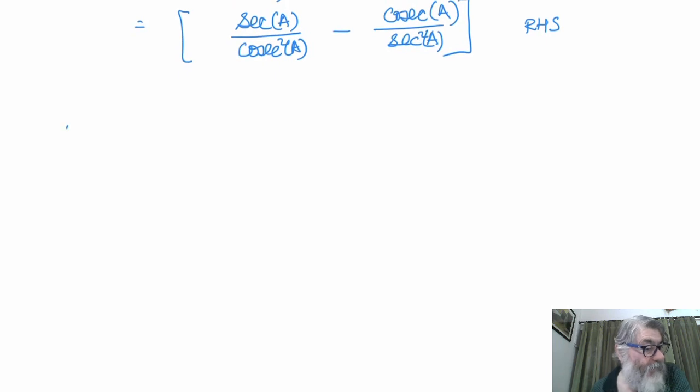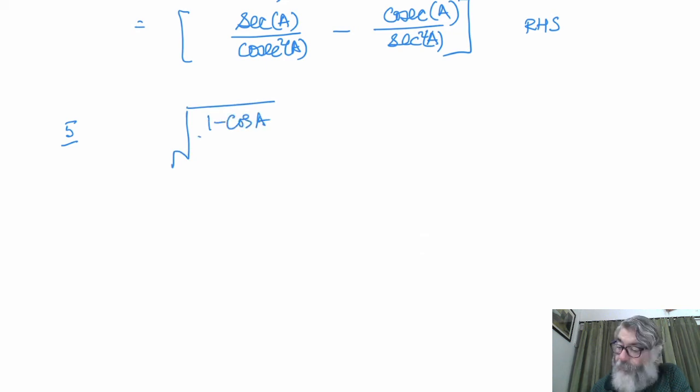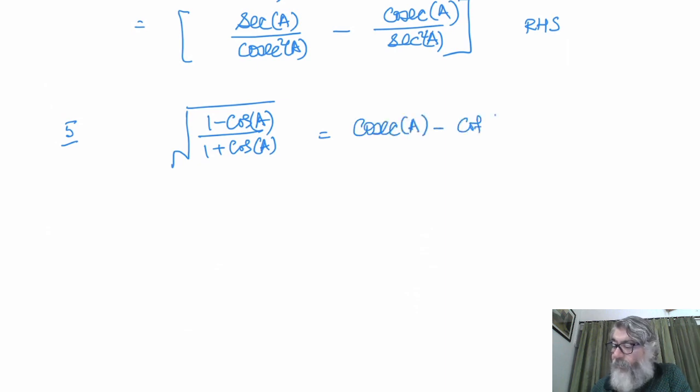Fifth question is under root 1 minus cos a upon 1 plus cos a is equal to cosec a minus cot A. A is in first quadrant.